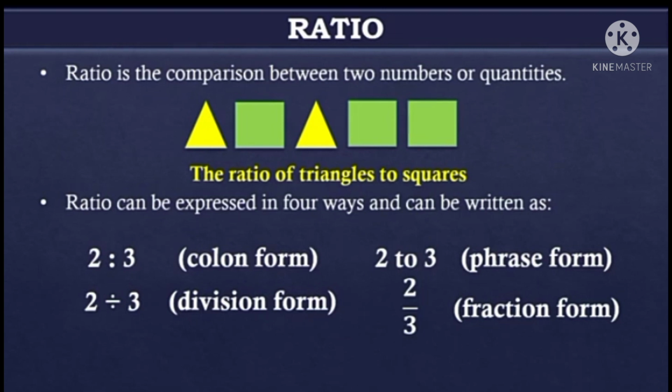And also the fraction form. This is read as 2 is to 3. So we have four ways: the colon form, division form, phrase form, and fraction form.